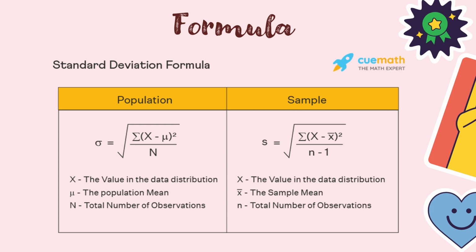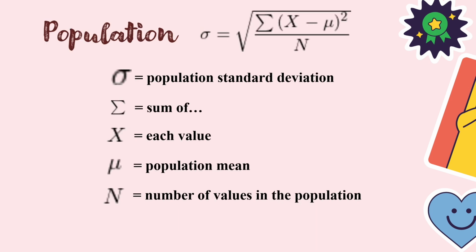Standard deviation formulas for population and samples. Different formulas are used for calculating standard deviation depending on whether you have collected data from a whole population or a sample. Now, let us tackle the population standard deviation. When you have collected data from every member of the population that you are interested in, you can get an exact value of the population standard deviation.